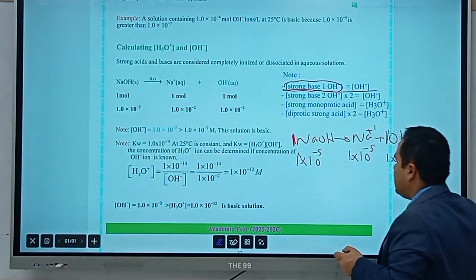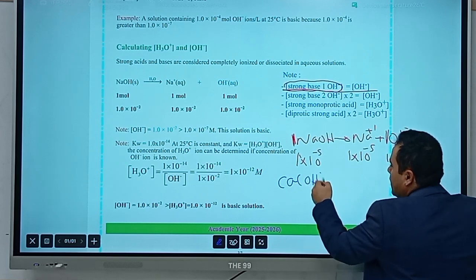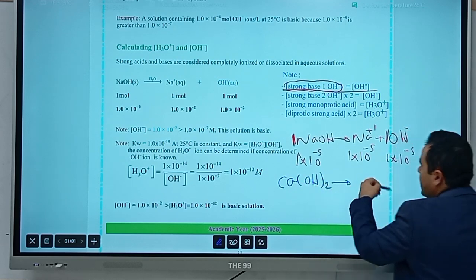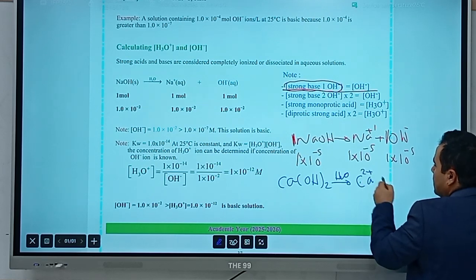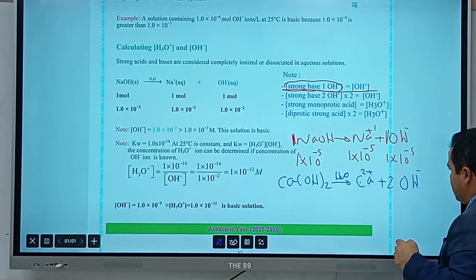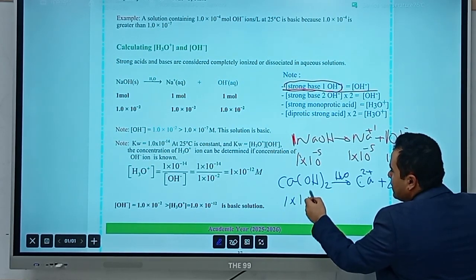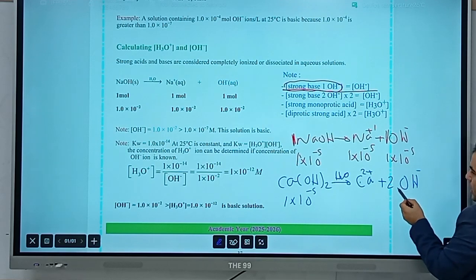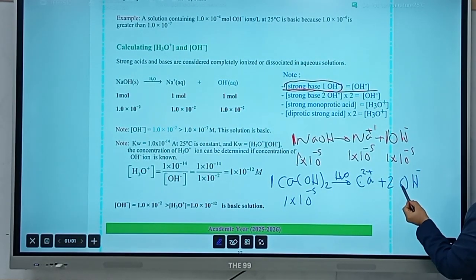For the second, if group 2 hydroxide is given, like calcium hydroxide for example, guys, it produces Ca2 positive and 2 hydroxide negative. This is for balancing. Guys, if an amount of this is given, 1 times 10 to the power minus 5, as you can see here, 1 calcium hydroxide dissociates to produce 2 hydroxide.